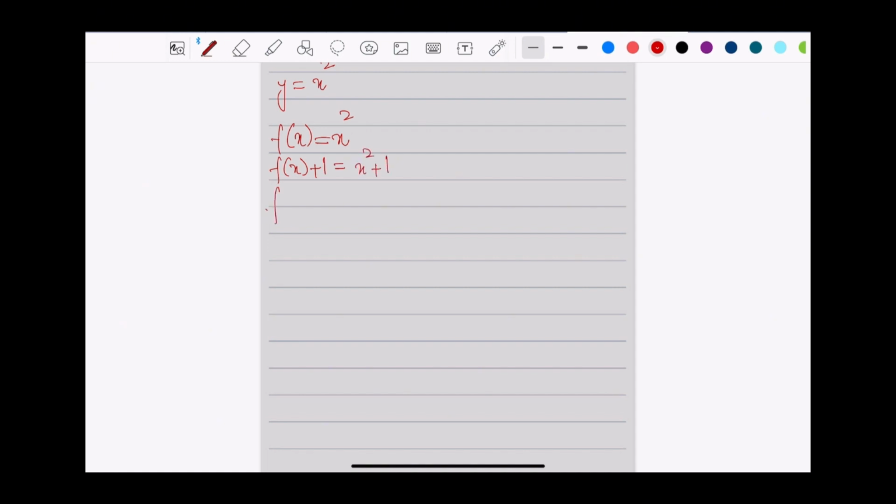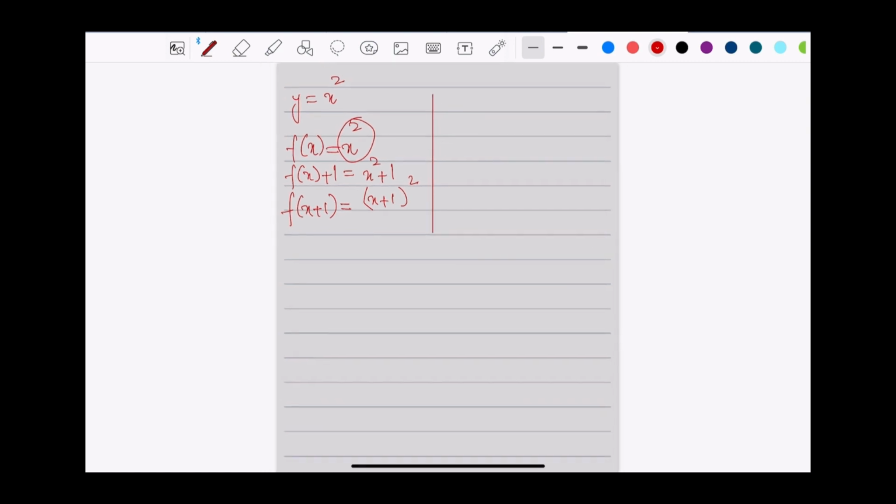And if I say f of x plus 1, this means that instead of x squared, I write x plus 1 whole squared. This is a bit of basic knowledge that you need to know before starting off.